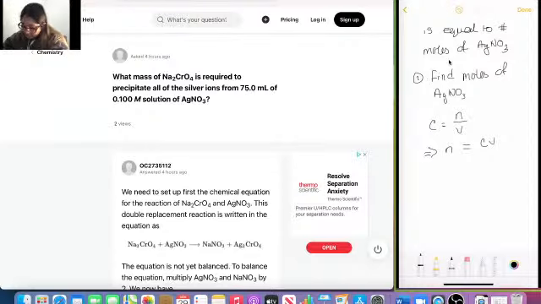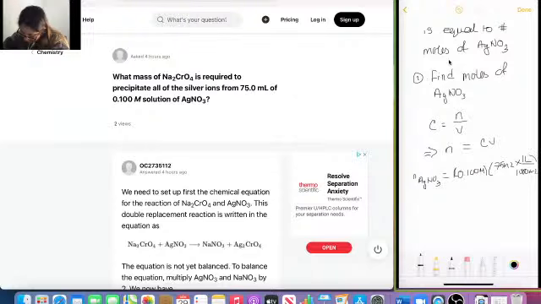And so here we can basically say that the moles of AgNO3 is equal to the concentration, right? We're given 0.100 moles, the concentration molarity, times 75 milliliters times 1 liter over 1,000 milliliters, right?